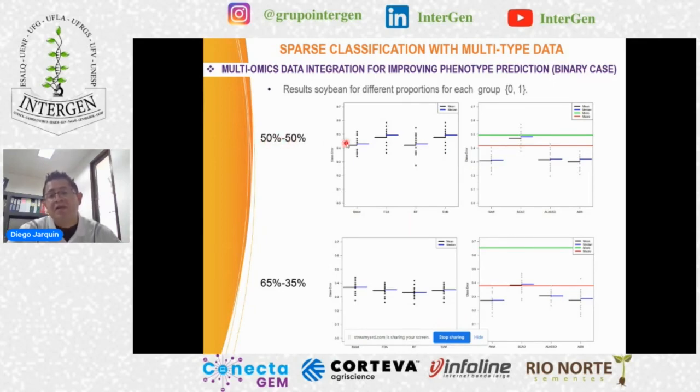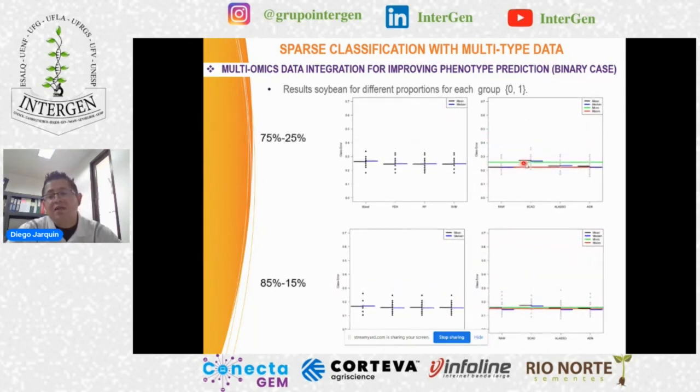With 50-50, we got classification errors of 0.3 compared with 0.4 with the AI methods. With 65-35, we have around 0.27 compared with 0.35-0.36 with the AI methods.